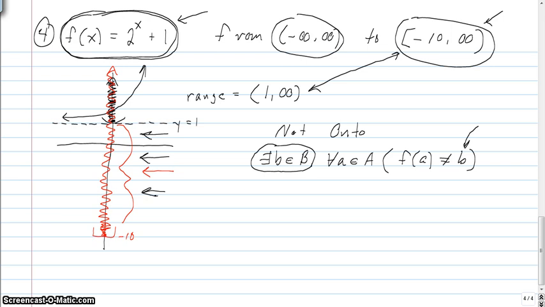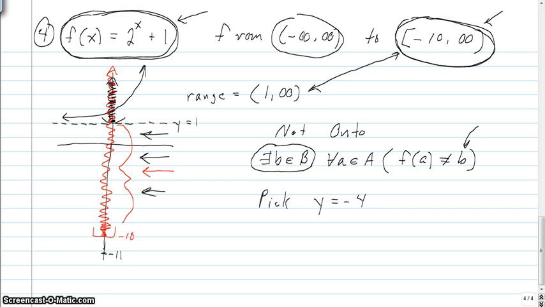So let's pick whichever y value we like in there. We could choose, well, I guess we're going to call it a b value. We could call it a y value, it doesn't matter. Let's pick y equals -4. We couldn't choose anything down here. We couldn't choose -11 or anything like that, because then it wouldn't fit in the codomain.